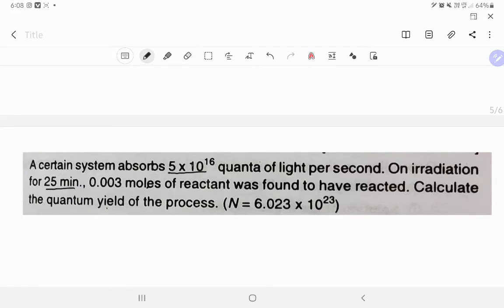Then what happens after 25 minutes? 0.003 moles of reactant was found to have reacted. Moles reacted, not molecules. Calculate the quantum yield. Either we have to consider moles or we have to consider molecules.